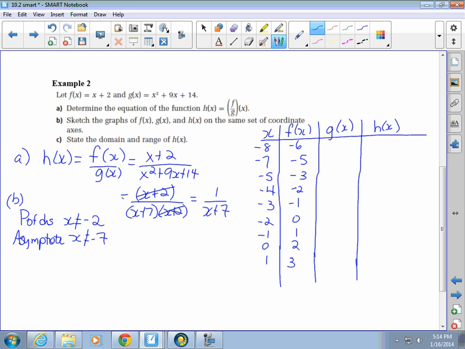If I substitute a -8 in there, I'm going to have 8 squared is 64 plus or minus 72 plus 14. So that's going to be 64 and 14 is 78 minus 72. So that gives me a value of 6 if I did that right.